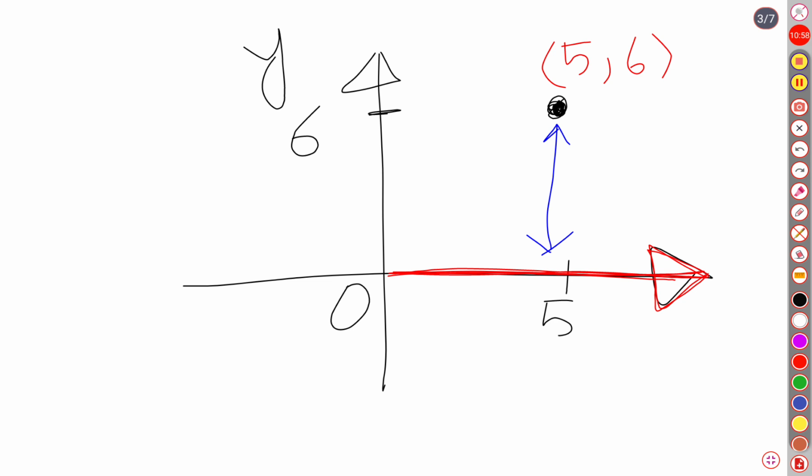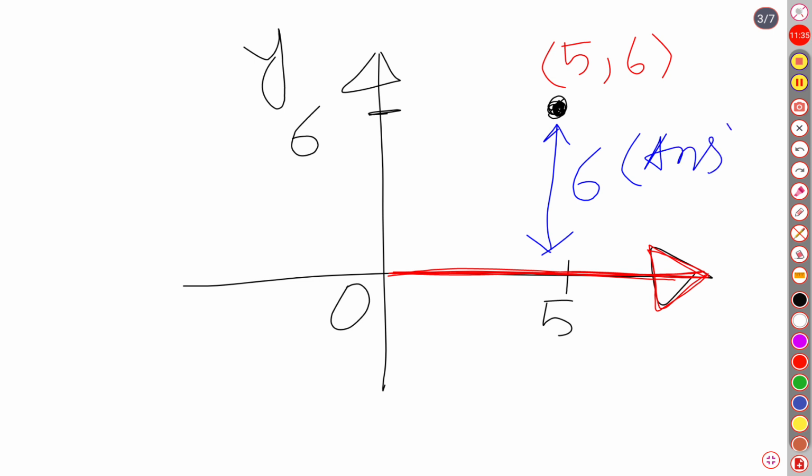The y coordinate is 6, so vertically this is 6. From the x-axis, if we move up 6 units, we get this point, because when we plotted the point, we counted 5 in horizontal direction and 6 in vertical direction. So 6 is the vertical distance from the x-axis. The answer is 6.